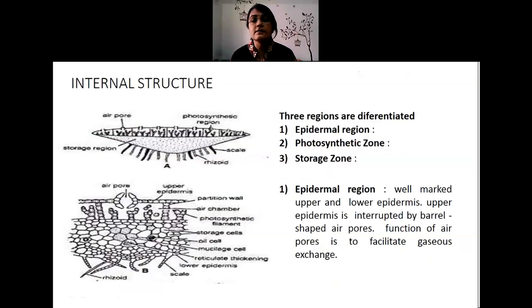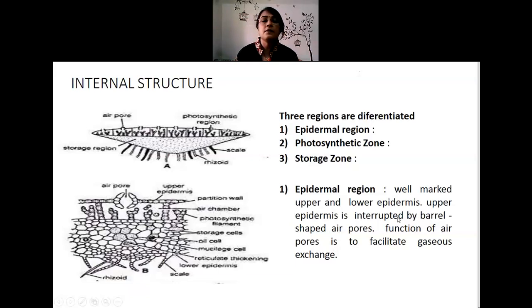Coming to the internal structure or anatomy, the thallus is differentiated into three regions. When we take a section of the thallus, we can see three different regions: epidermal region, photosynthetic region, followed by the storage region. The epidermal region consists of the upper and lower epidermis, each with a single layer of cells.